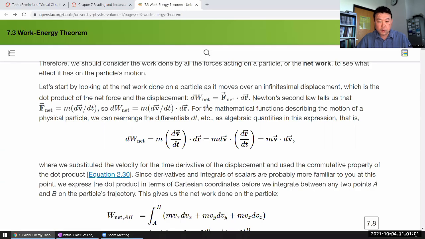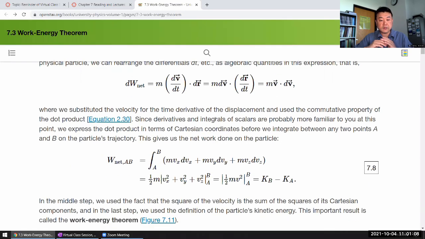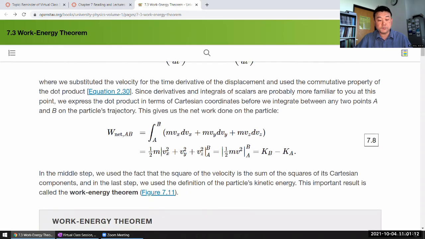So when you have a work done that's associated with that net force, and over any finite interval going from point A to point B, you calculate the net work. Then what you find is that the net work calculated is equal to the difference between how much kinetic energy the object has at the final point minus how much kinetic energy the object has at point A.